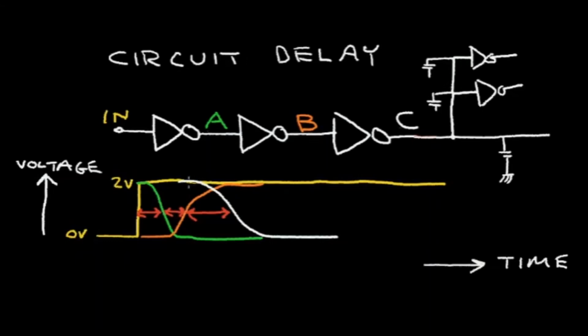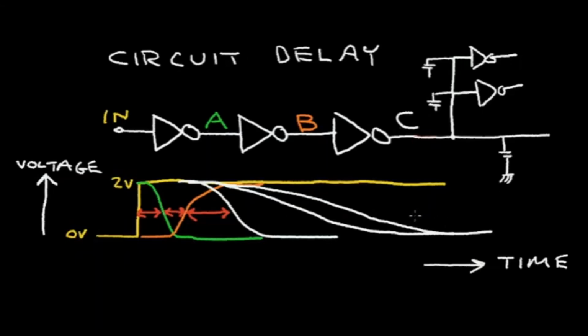So with this added capacitance, instead of falling quickly, this node C may discharge very slowly to its zero level. The more capacitance that is added, the slower the response of the node C. So hopefully this gives you some idea of circuit delay, which will become important when we analyze the D-Flip Flop.